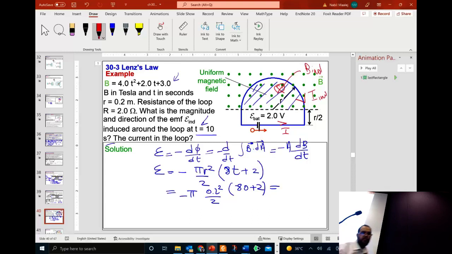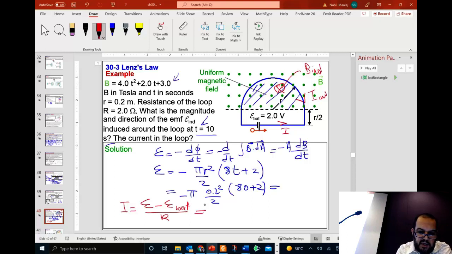Okay? So if we want to determine the current in the loop, I, it's going to be the induced EMF minus the EMF of the battery, the existing, divided by the resistance of this circuit.